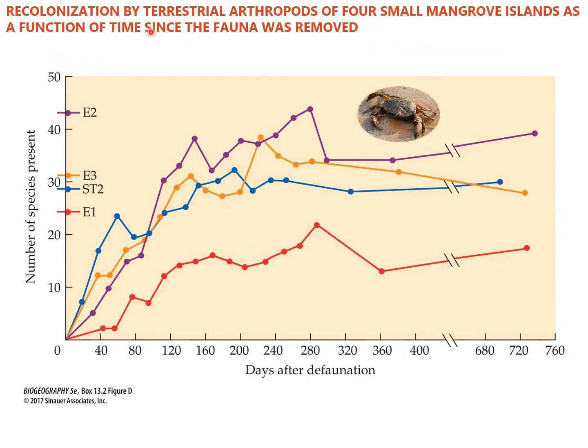Here we're looking at recolonization by terrestrial arthropods of 4 small mangrove islands as a function of time since they were removed. So this is an experiment. They removed these 4 species of arthropods. I don't remember specifically what species they were, but they removed them. The days after defaunation just means days after the removal of those species, and you can see the number of species present, showing you the diversity.